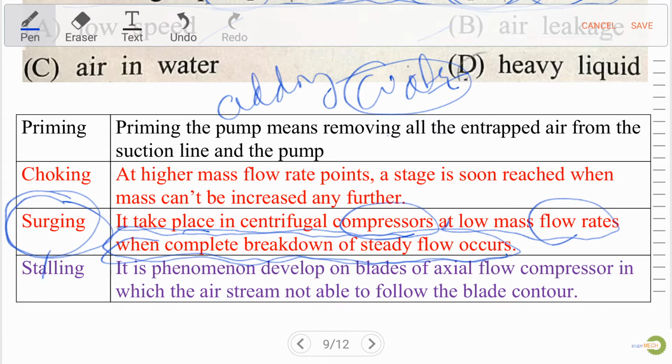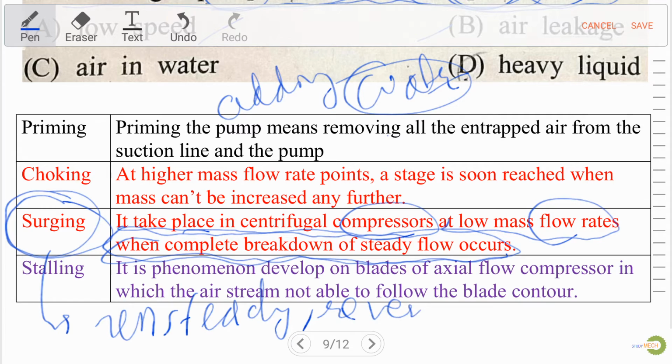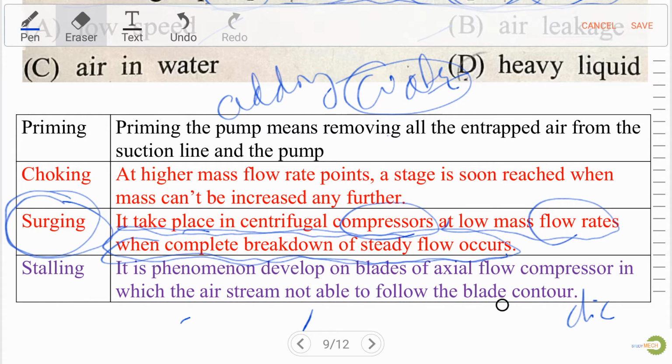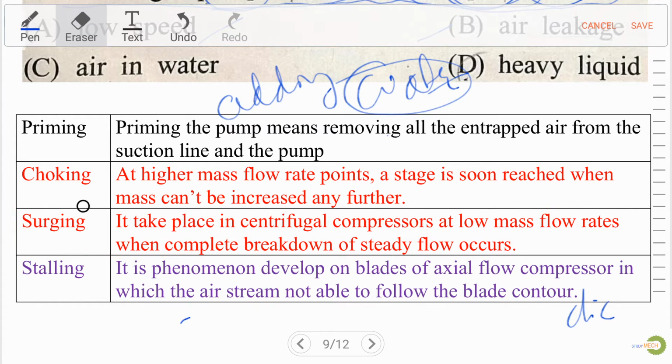In surging, there is an unsteady, reverse and periodic flow. So both sentences have the same meaning. Surging takes place in a centrifugal compressor at low mass flow rates when complete breakdown of steady flow occurs.